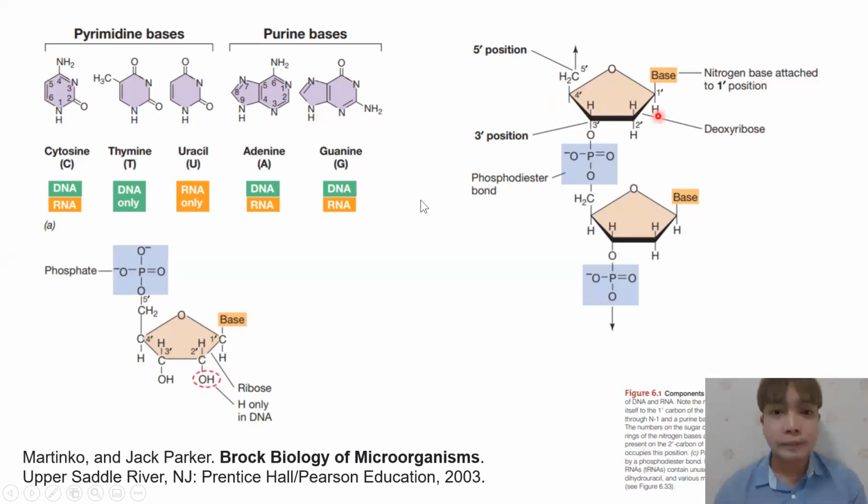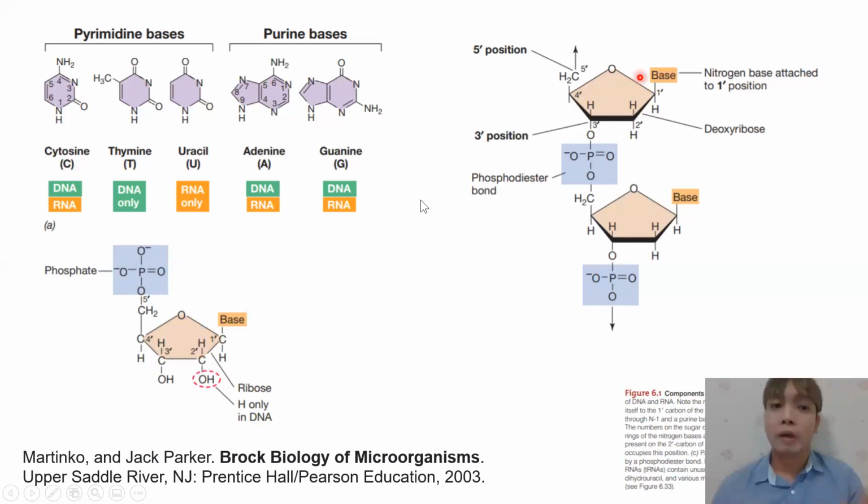Okay. And for adenine and guanine, as you can see, those are purine. For purine, there are two ring structures. Okay. And number 9, there is an NH here, and number 9 here, NH, attached to carbon number 1 of our ribosugar.